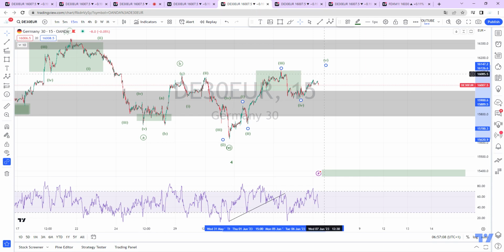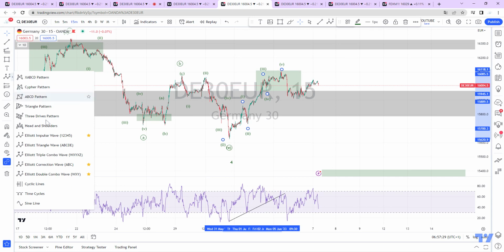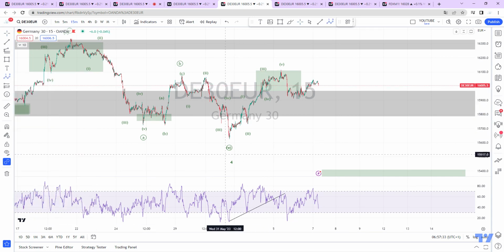Then what we have is probably something like this. So that this was a 3 or 4 or 5, and so in a higher degree that we did wave 1, that this was wave 2.